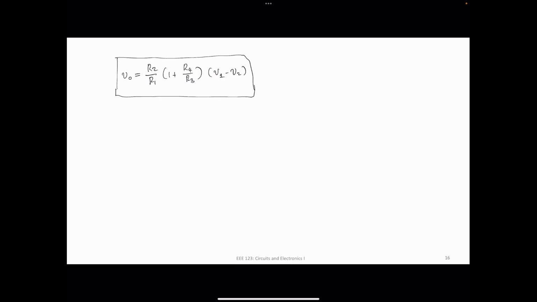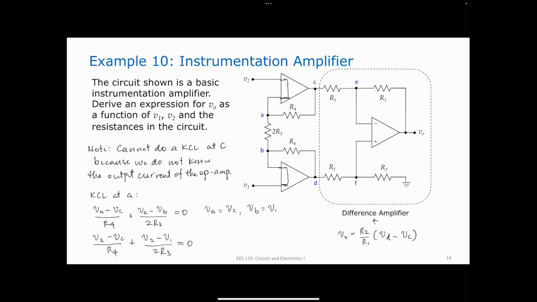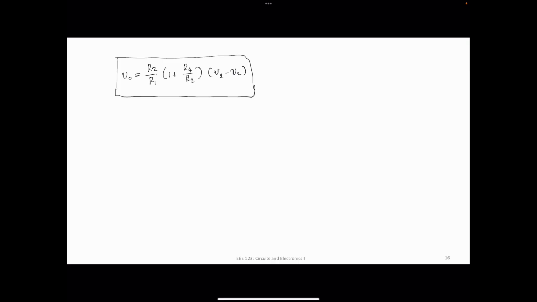Okay, so that's it. No? That's the output of your instrumentation amplifier. I hope you're able to follow that. Okay, so that's my last example.